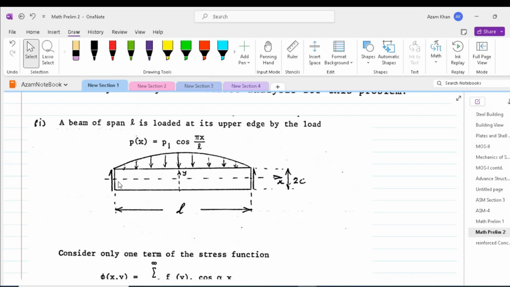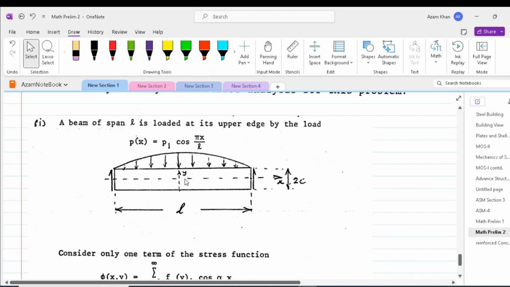Thus, we can say that any quantity varying along y must be an even function with respect to the x-axis. In other words, f(y) must be an even function. Thus, from symmetry, we can say that f(y) must be an even function.